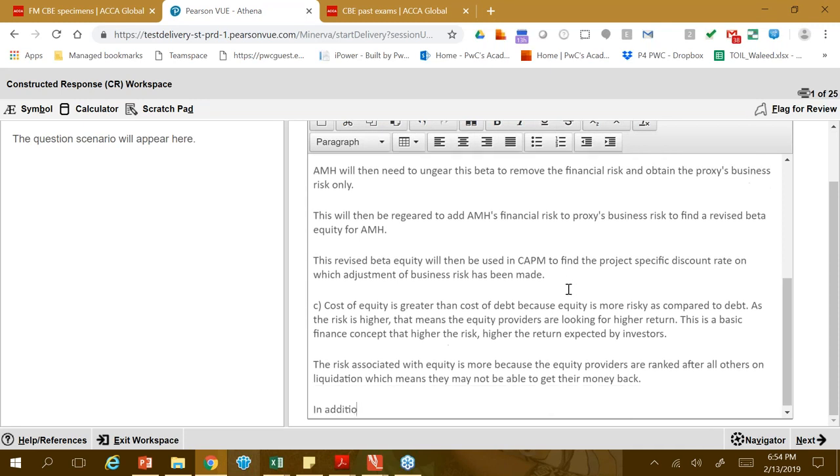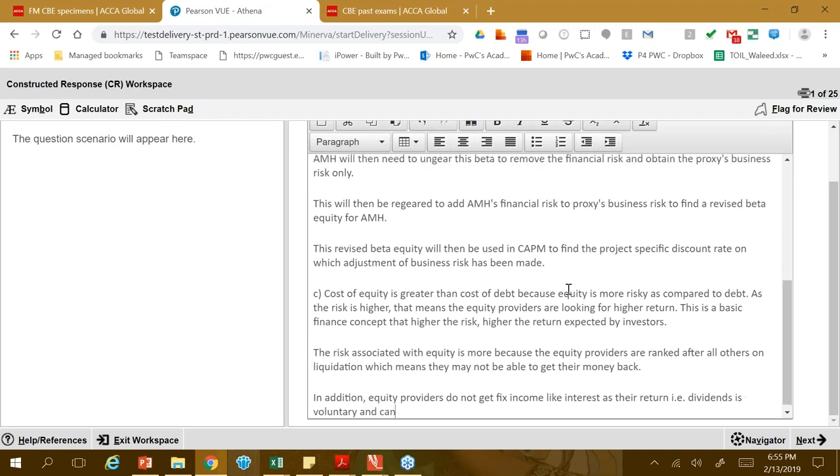In addition, equity providers do not get fixed income like interest as their return, i.e. dividends, is voluntary and can change based on the performance of the business.